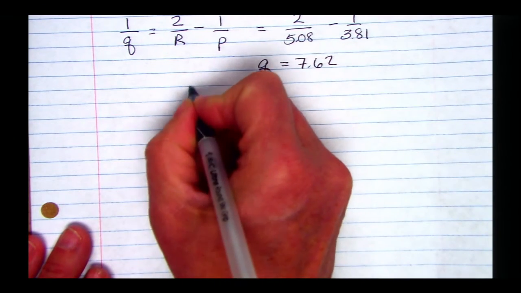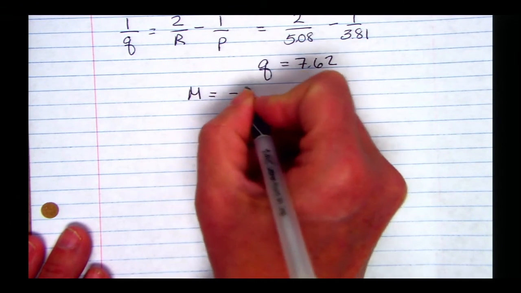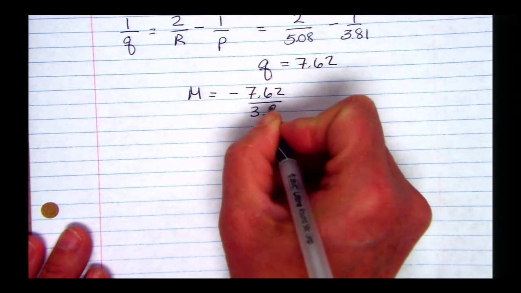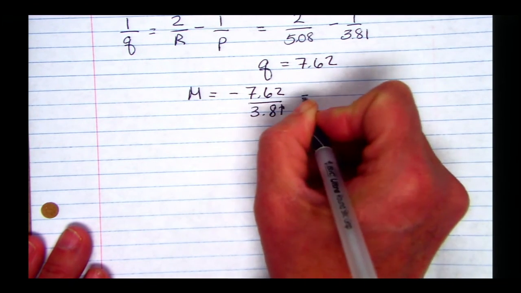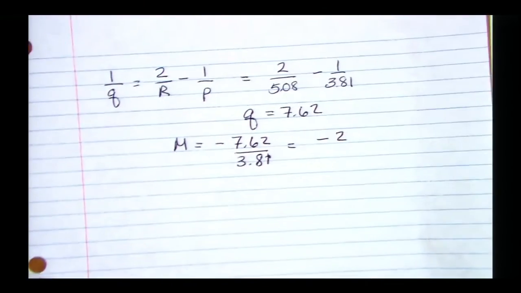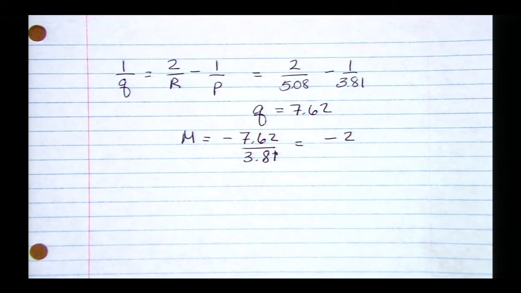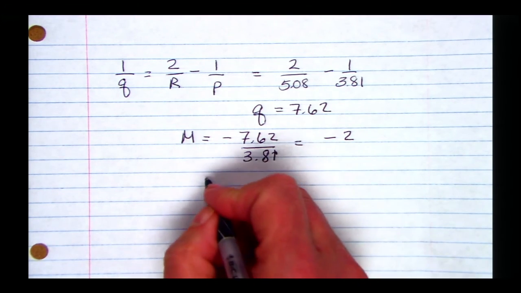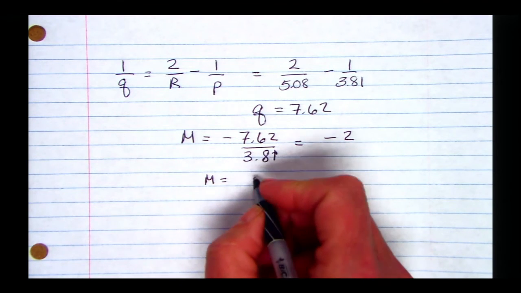It gives me minus 2. Still it's going to tell me that I'm inverted, but now I'm going to be twice the height of my object. So I'm going to get minus 2 times 1.27, which gives me minus 2.54 centimeters.